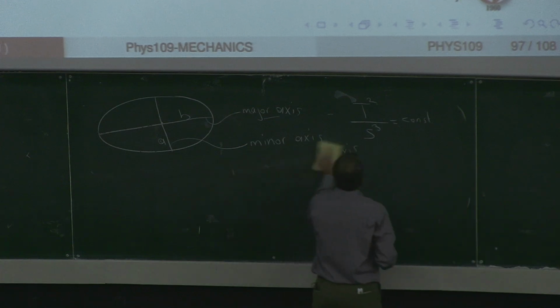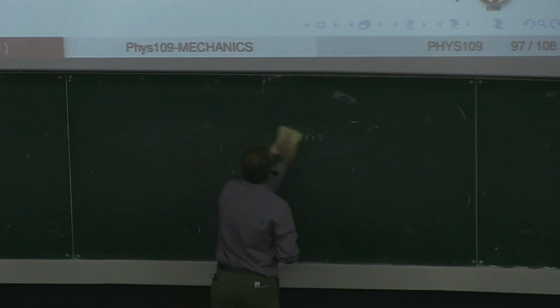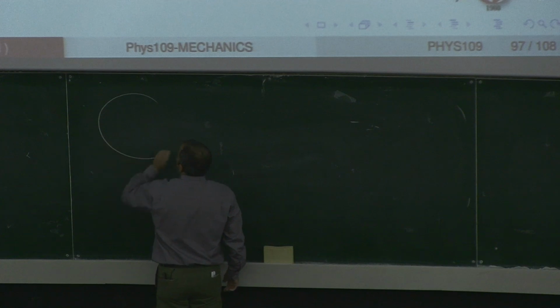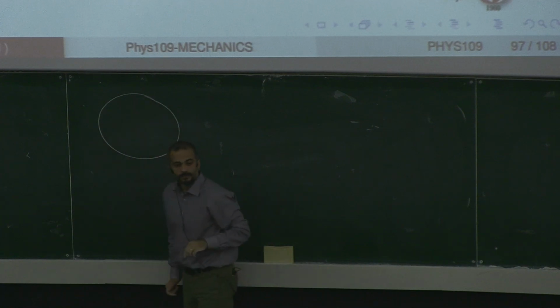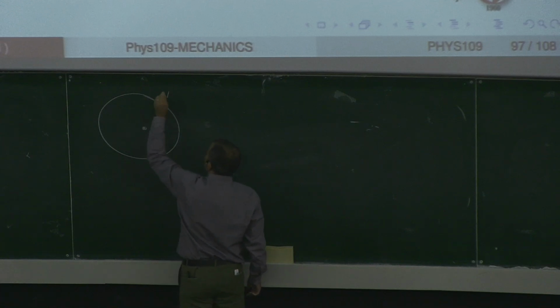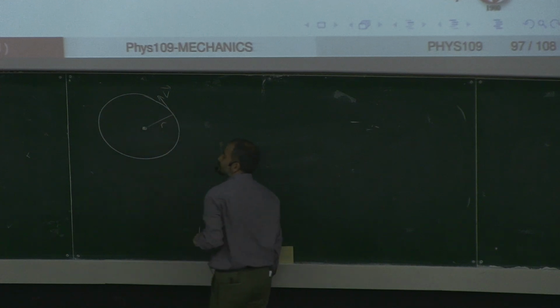What can we say? So we have an object that makes a circle. Well, the sun is at the center of this circle. It goes around with the speed v. So this is the radius.